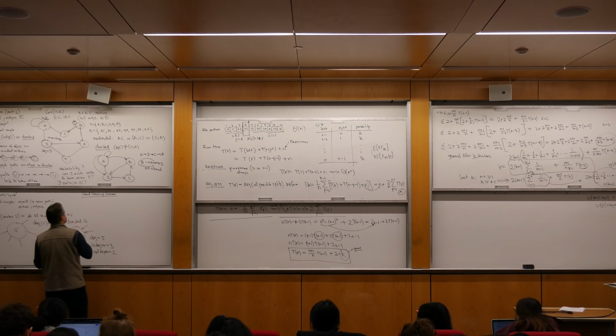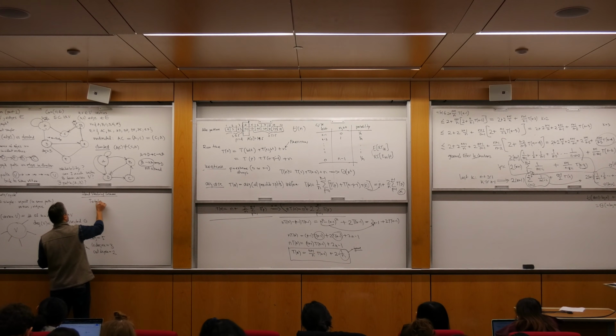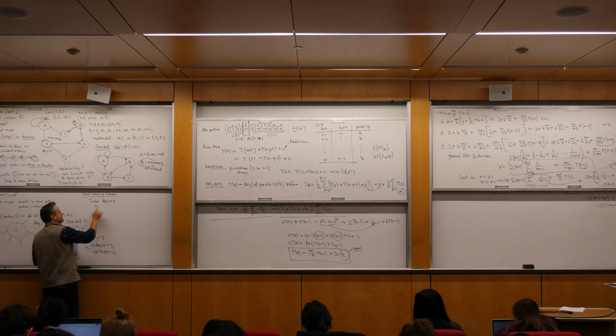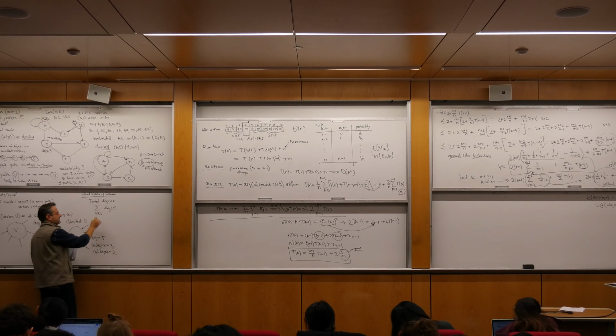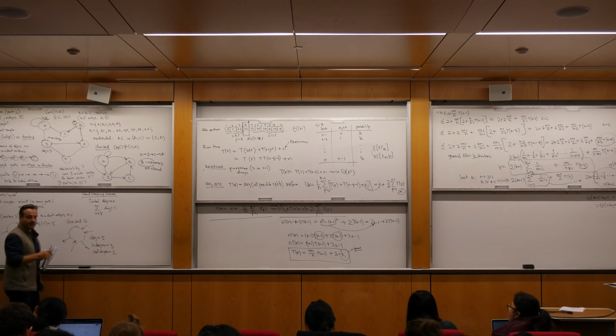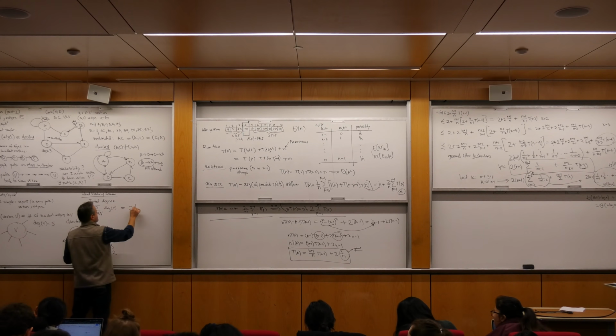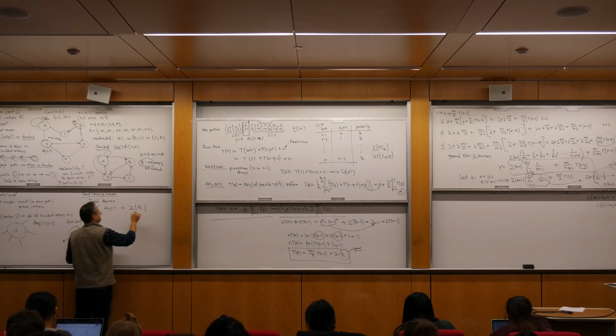Total degree, that's the sum over all vertices of the degree of that vertex, right? That's what I mean by total degree. Take all the vertices, sum up their degrees. It's twice the number of edges.